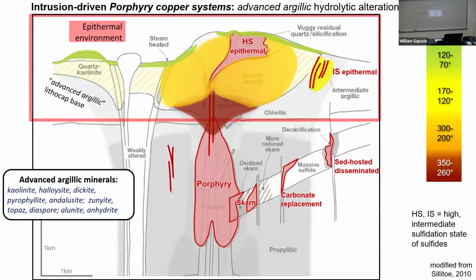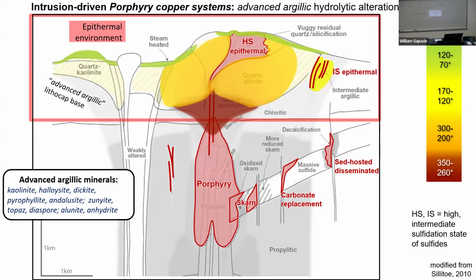In terms of alteration, particularly these five styles of alteration are grouped as advanced argillic. Julian Hemley defined this in 1964 to distinguish it from argillic, because people were calling basically everything argillic. Well, argillic is clays, but now we define the clays.